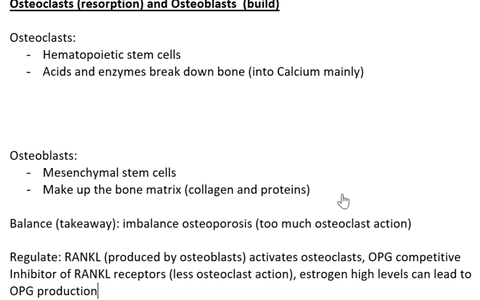You're going to have less sex hormones, which then leads to less secretion of growth hormone, and all those things that then lead to a whole cycle of effects that will then lead to osteoporosis.